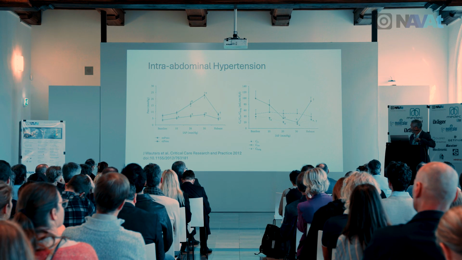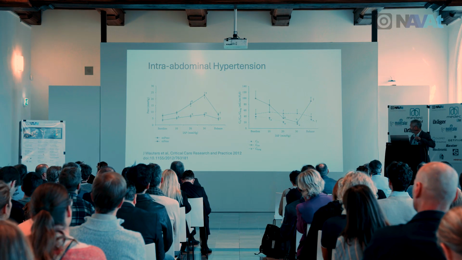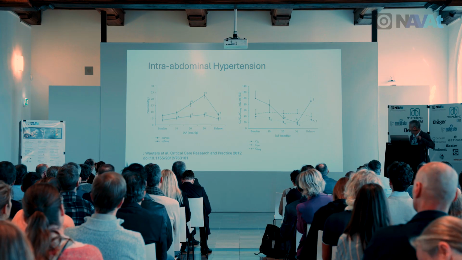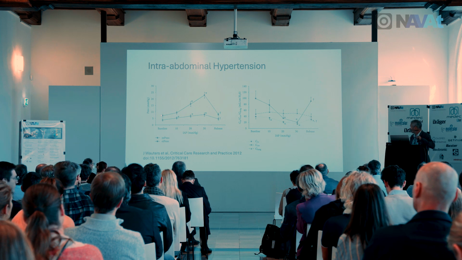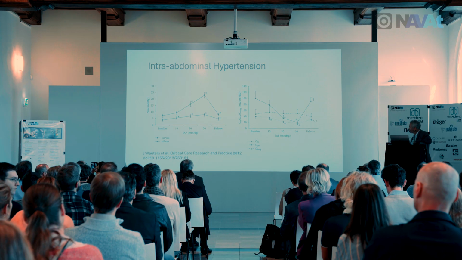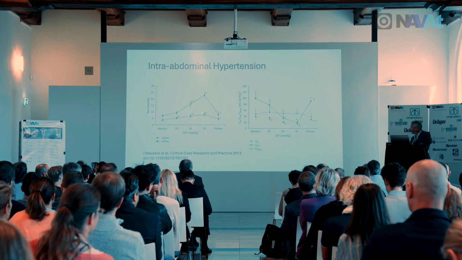Intra-abdominal hypertension, for example, is a clear situation where pleural pressure is increased. And you see when intra-abdominal pressure increases gradually on the x-axis, that there is an effect on esophageal pressure as a surrogate for pleural pressure, both during inspiration and expiration.